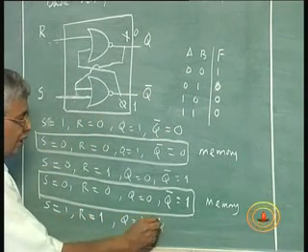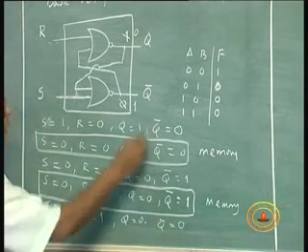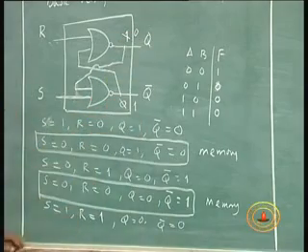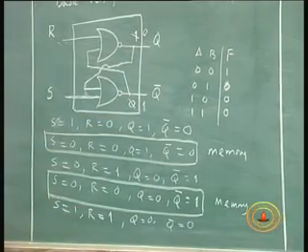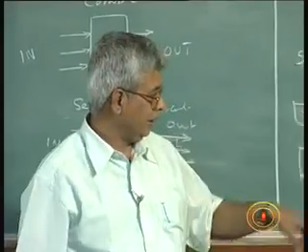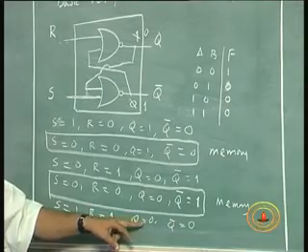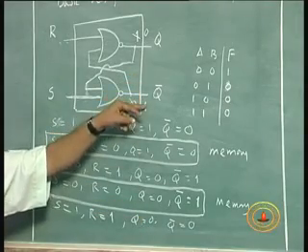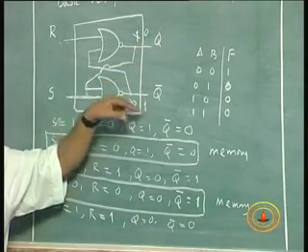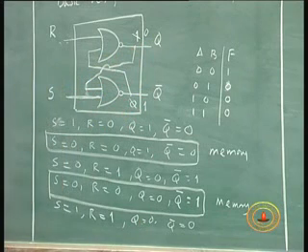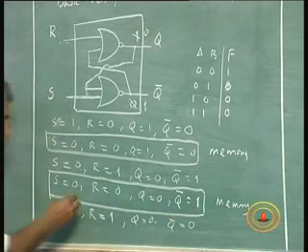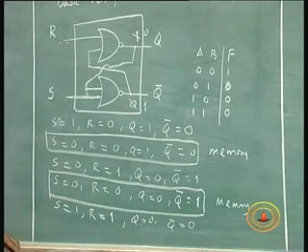So first of all, it violates our original idea that Q and Q bar are complements of each other. I purposely put Q and Q bar as the complement of the other, and that is violated here. When this is 0 and this is also 0, it's not Q and Q bar anymore. Okay. Now, that is not a big problem though.